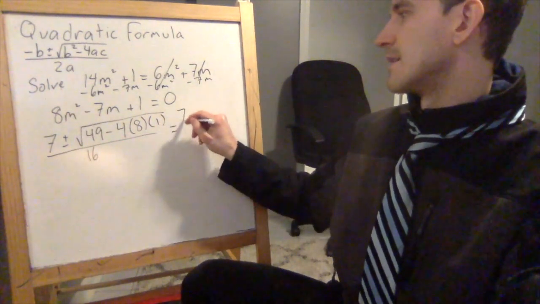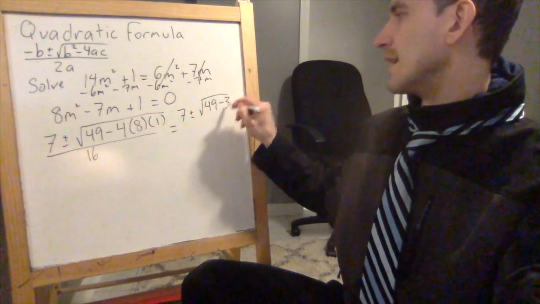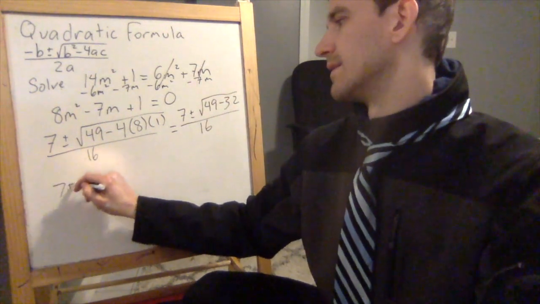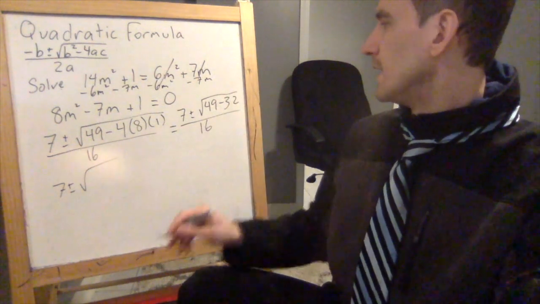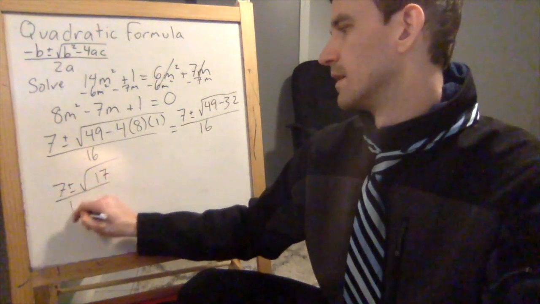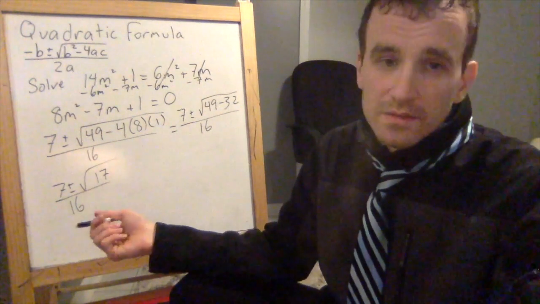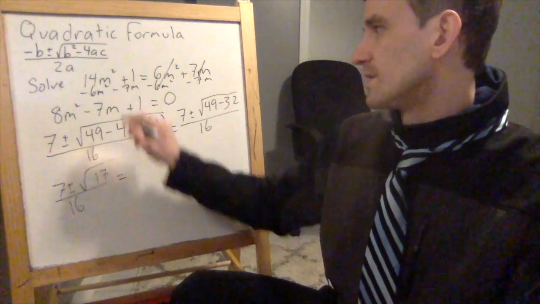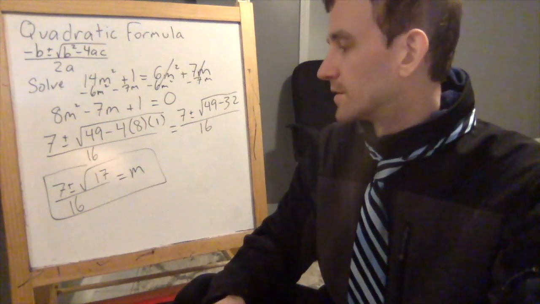So that gives us 7 plus or minus the square root of 49 minus 32, over 16. 49 minus 32 is 17. Root 17 doesn't simplify, so this is the best we can do. This is the final answer: 7 plus or minus root 17 over 16 equals m. That's the solution to this particular quadratic equation.